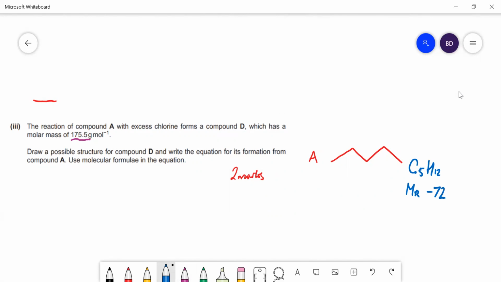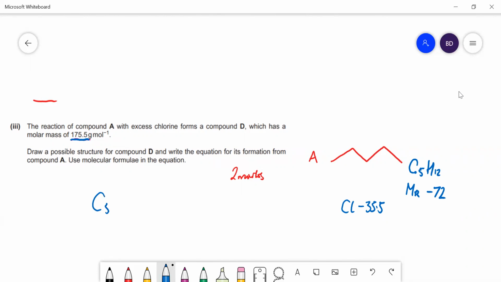Right, now this is quite a lot higher than that, and I think we're going to add chlorines to that, each of which weighs 35.5. Just replacing one hydrogen with the chlorine isn't going to make it heavy enough. 2 isn't going to make it heavy enough. That's going to make it 140 odd. I think we're going to have to replace 3 hydrogens with chlorines. So let's just do that.